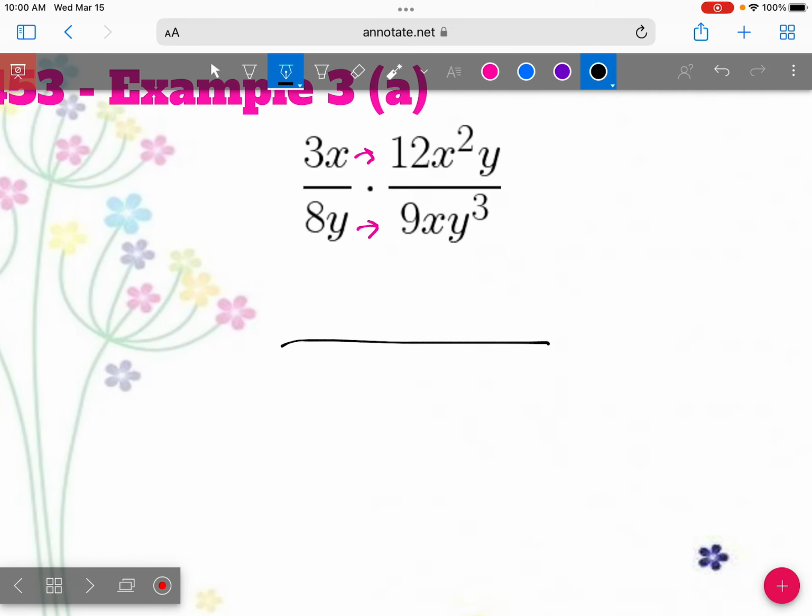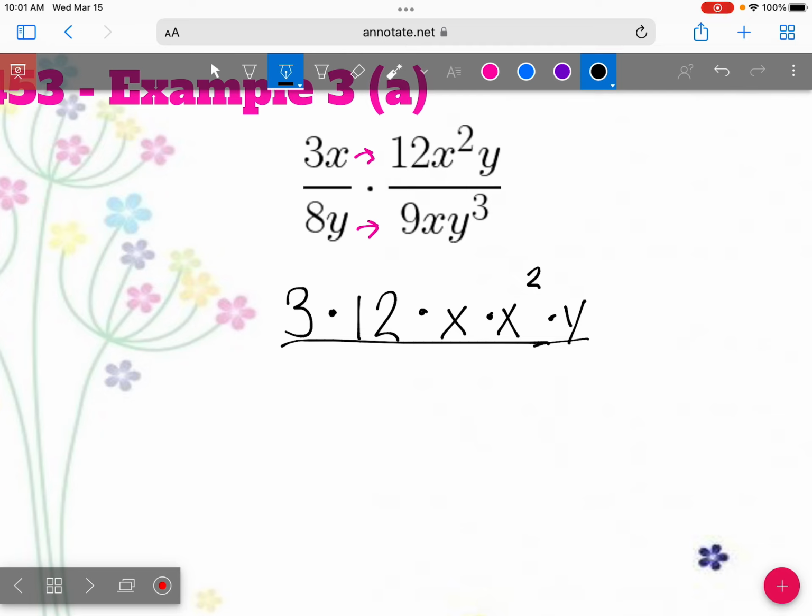So I'm going to rewrite this as 3 times 12 times x squared times y. Those are all the same pieces that were on the top up here. I'm just rearranging what order they're in.